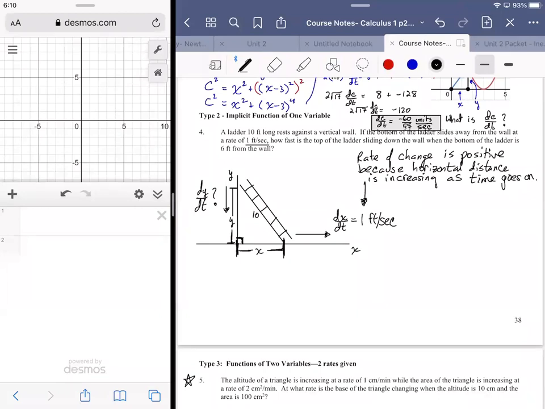So a formula that I could use would be x squared plus y squared is equal to 10 squared. We don't have to create a variable for the ladder because the ladder's length is not changing. So this is constant.